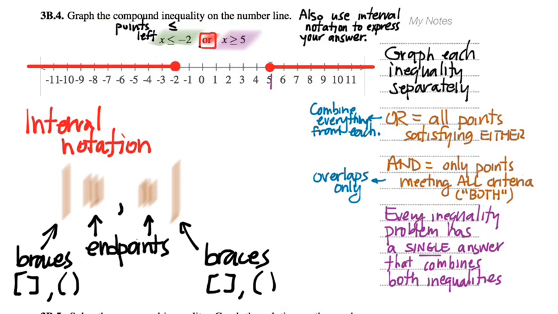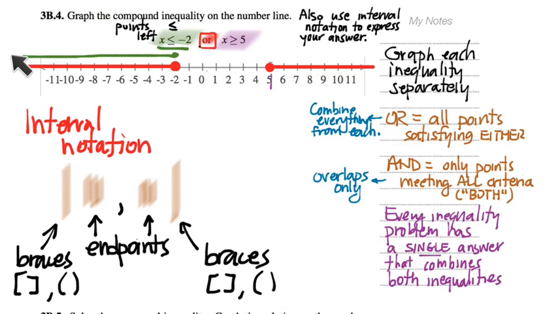So let's start with what used to be our green set. X is less than or equal to negative 2. Remember, that's this solid circle shaded to the left. How would I write an interval that captures just that piece of the set? What would that look like? What would the endpoints be, first of all? What's the left-hand endpoint for the green set?